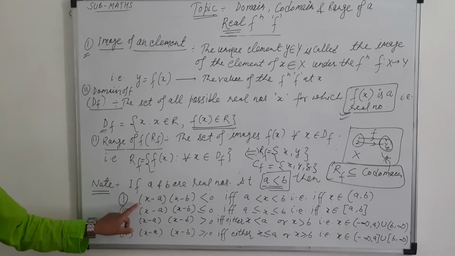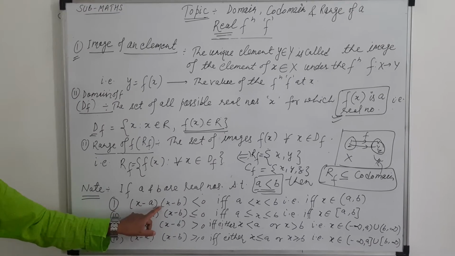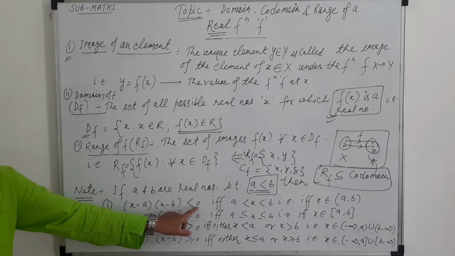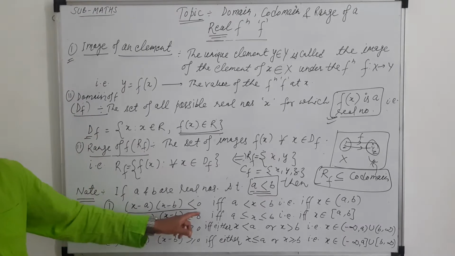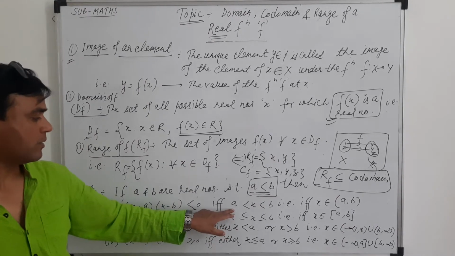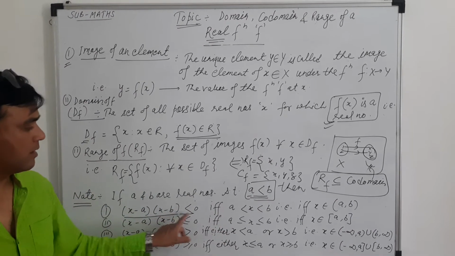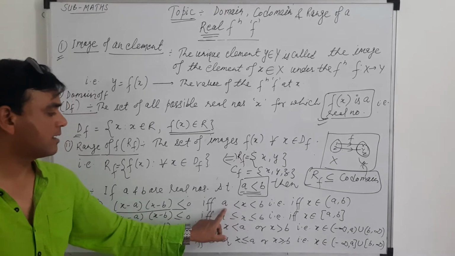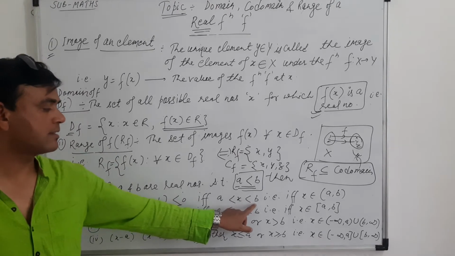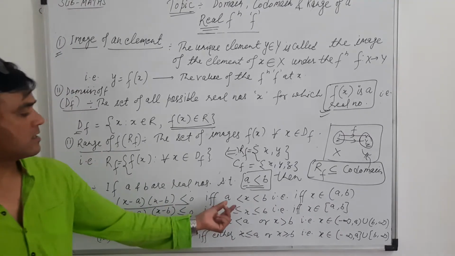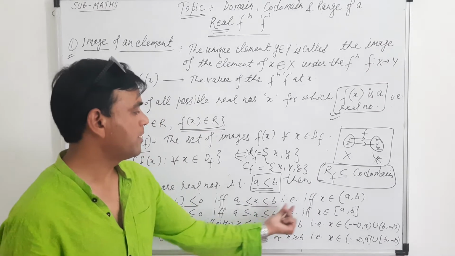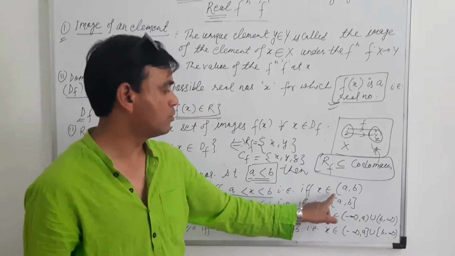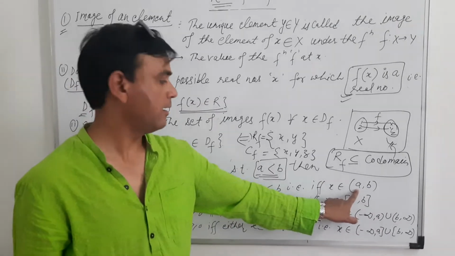First property: x minus a into x minus b is less than 0. It means if this is given to us, then we have some results here. For this condition, x is greater than a but x is less than b. You can understand this by another notation here, the same in interval form: x belongs to the open interval (a, b).